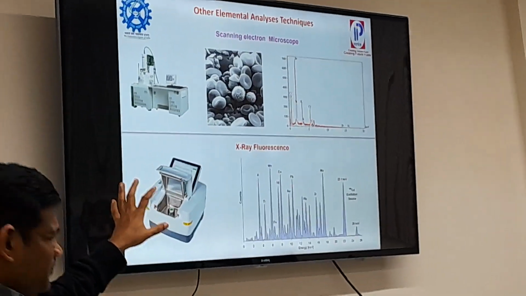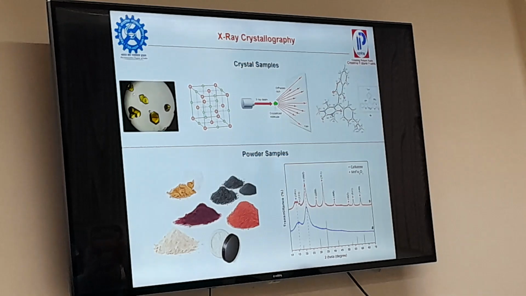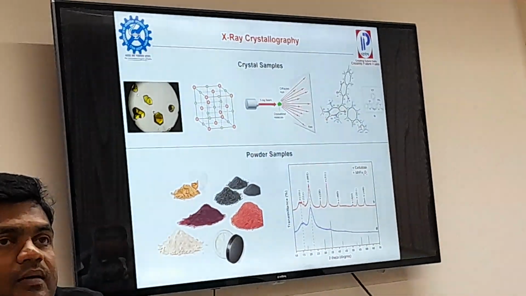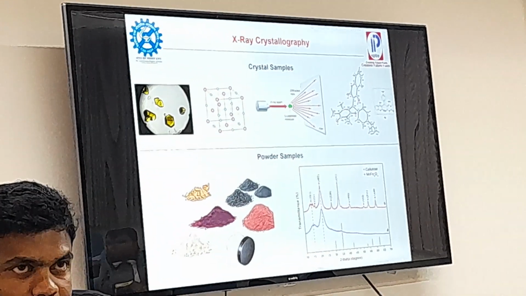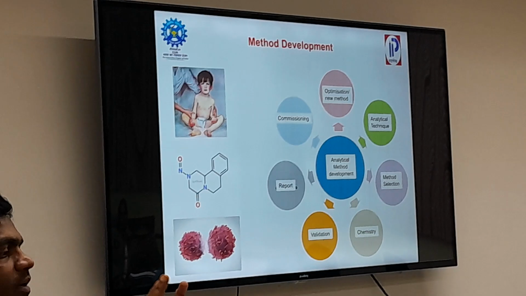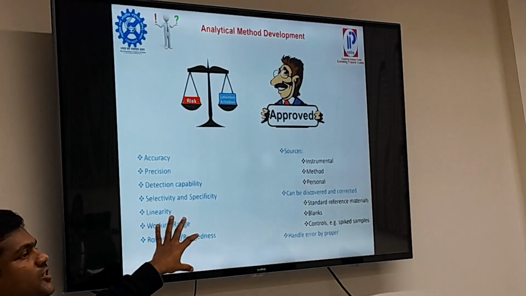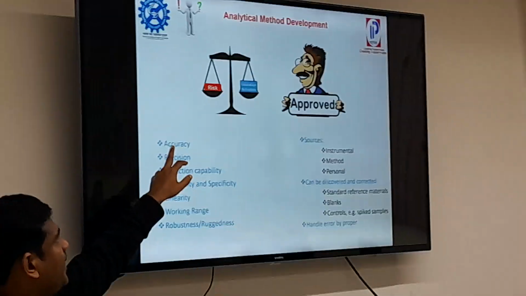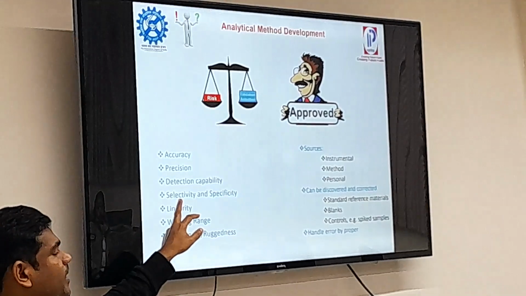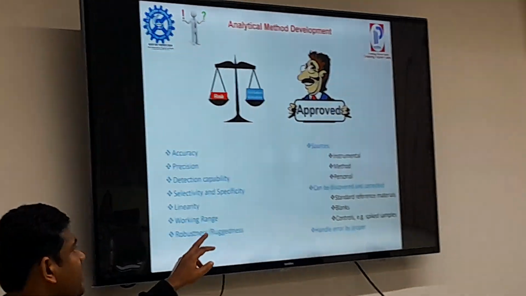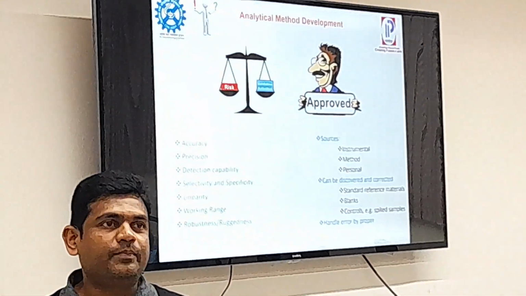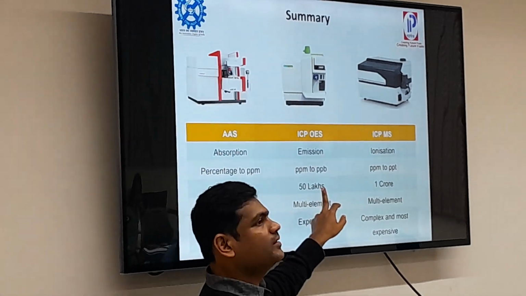We want to check that. Then follow the method. But you need to check every time things like accuracy, precision, detection capability, sensitivity, linearity, working range, and robustness. If you go to ICP, it's double.